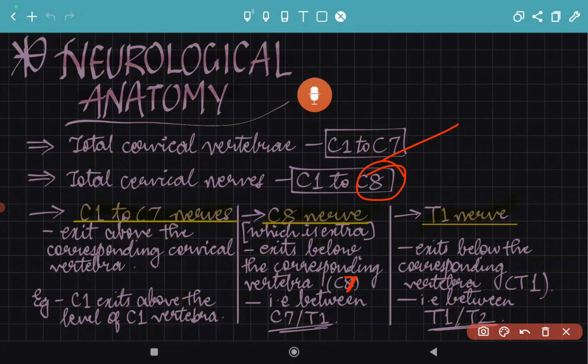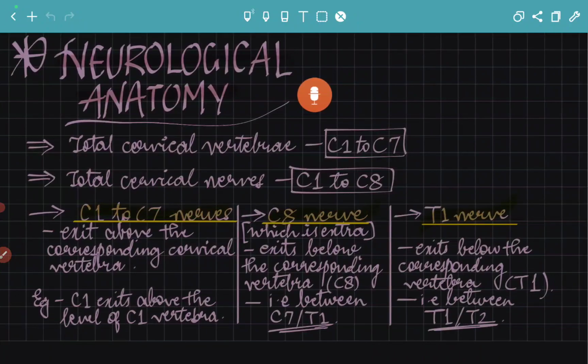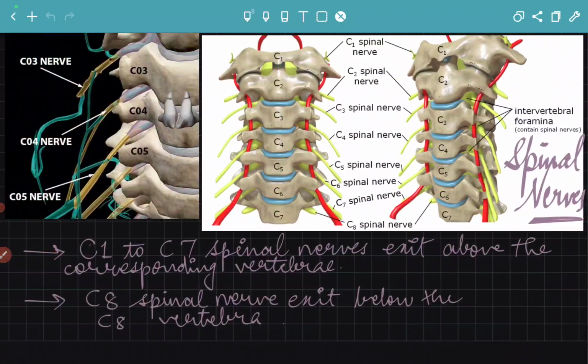Hence below it, T1, T2, and so on, all spinal nerves will exit below the corresponding vertebrae. And hence we can come to a conclusion to find out which nerve exits between which two vertebrae. So this was regarding the neurological anatomy to understand in series 1.